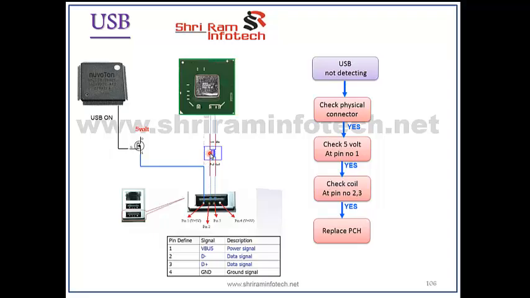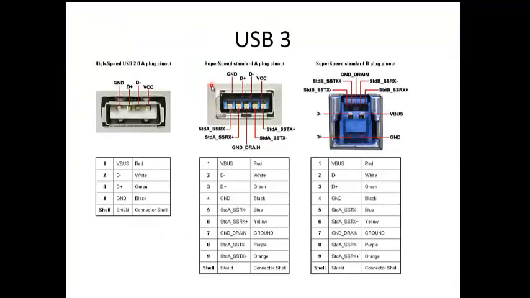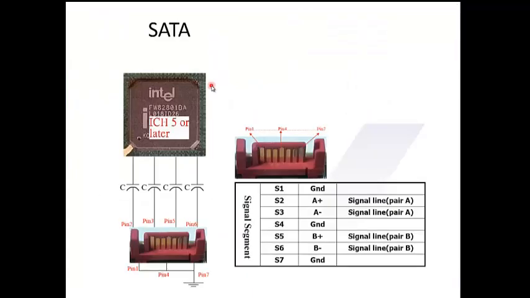You have to check this coil, and if the problem still does not solve, then you have to heat the PCH, or the CPU if it is a 4th generation onward laptop. If the problem still does not solve, then the possibility is that the PCH may be bad. So you have to check the USB section like this. In USB 3 also it is the same thing.